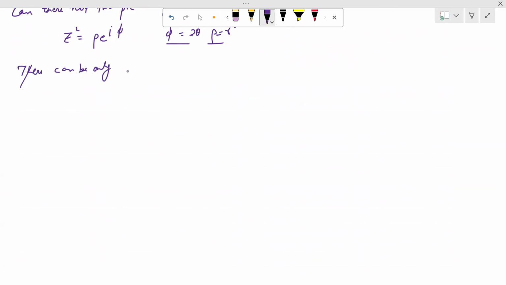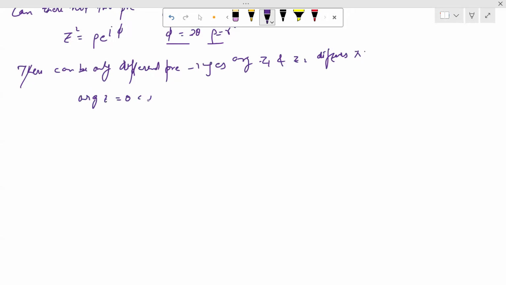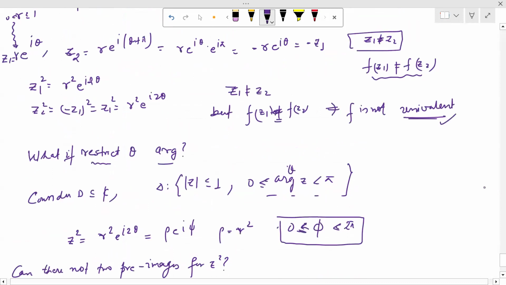There can be only two different pre-images if the arguments of Z1 and Z2 differ by pi. And we have already restricted our argument, that is theta, in such a manner that it is less than pi. So clearly we arrive at a contradiction. So you cannot have two pre-images.